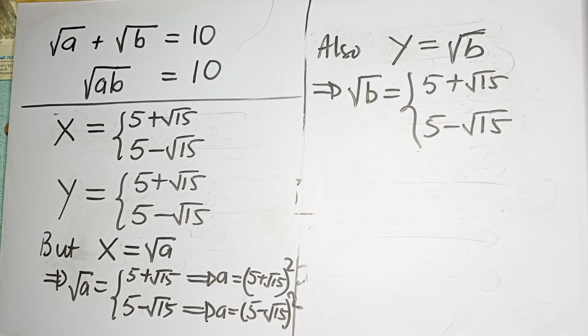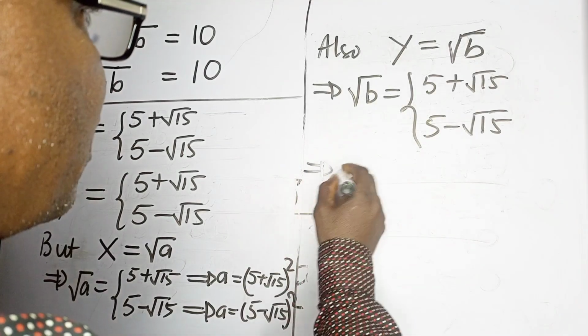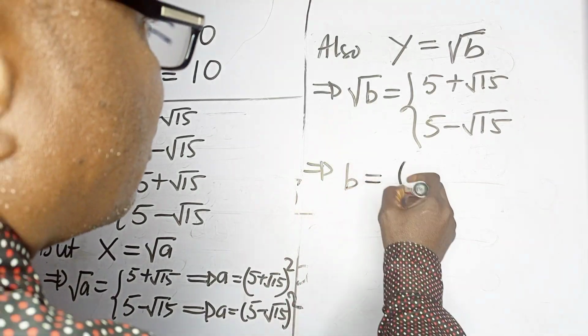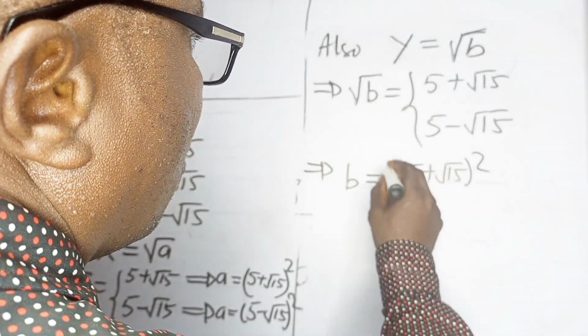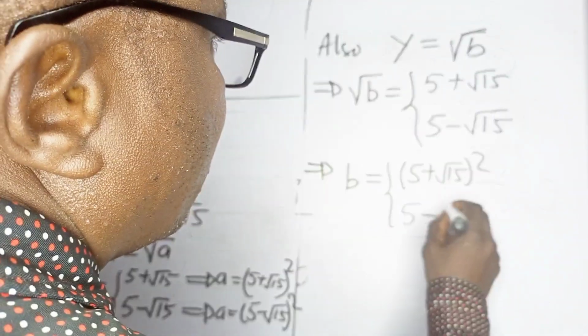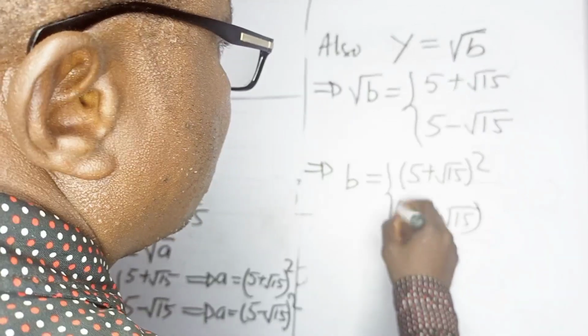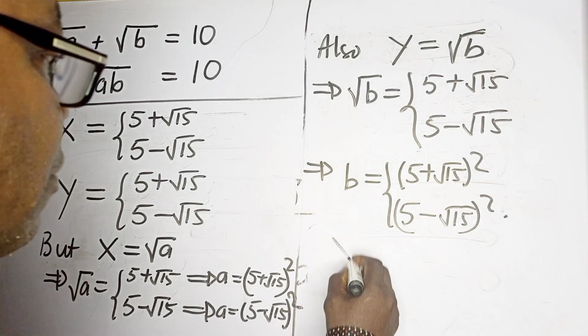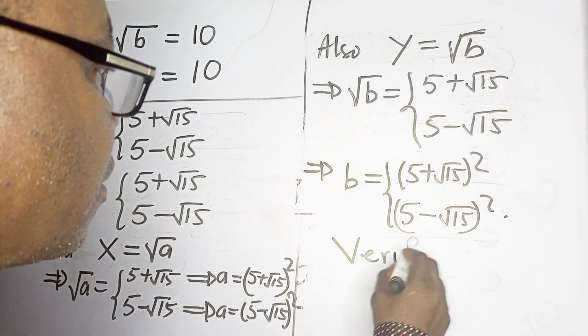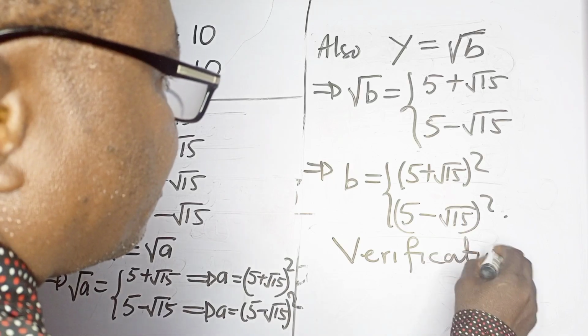We have to square both sides to get B. This implies that B will be 5 plus root 15 squared or 5 minus root 15 squared. So we're getting the values of A and B. It will be very nice if we verify. So let's verify to see if our solution is correct.